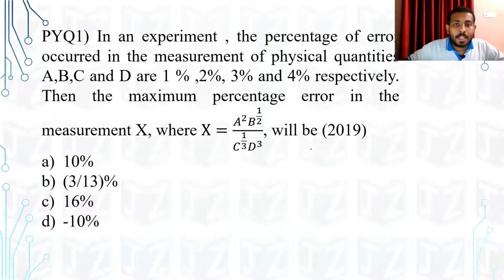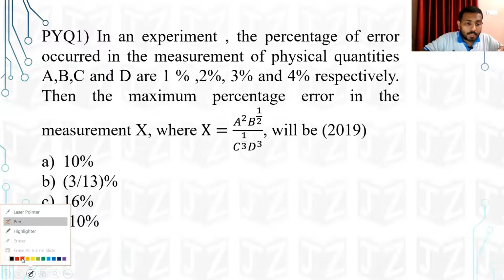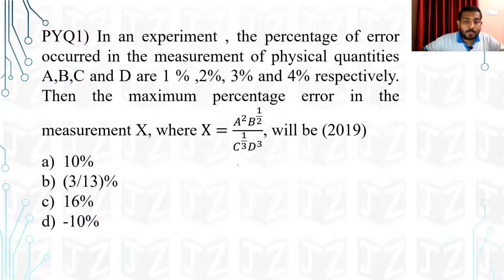The first question is: in an experiment, the percentage errors occurred in measurement of physical quantities A, B, C, and D are given as 1%, 2%, 3%, and 4% respectively. Then we have to find the maximum percentage error in the measurement of X, where X is equal to A raised to 2, B raised to 1 by 2, C raised to 1 by 3, and D raised to 3.